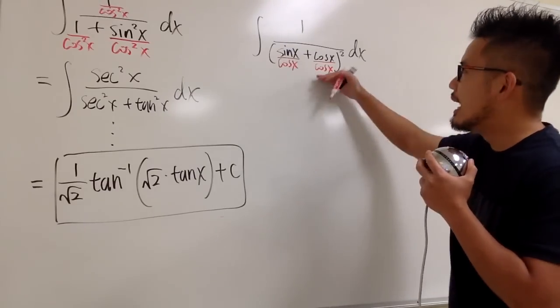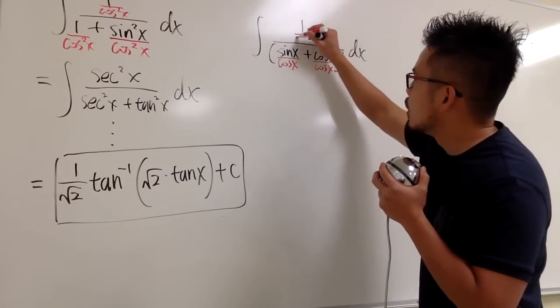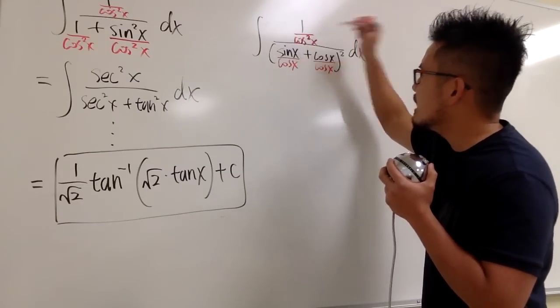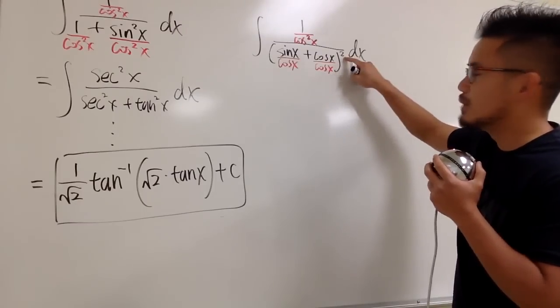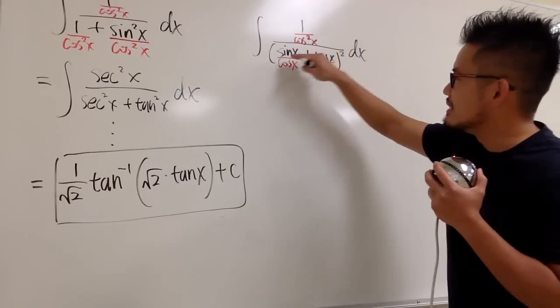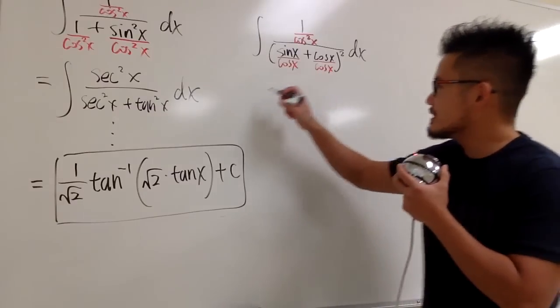That means on the top, I will have to divide it by cosine squared x. Once again, this is cosine x raised to a second power, and that's the same denominator. Now let's take a look at what we'll get.